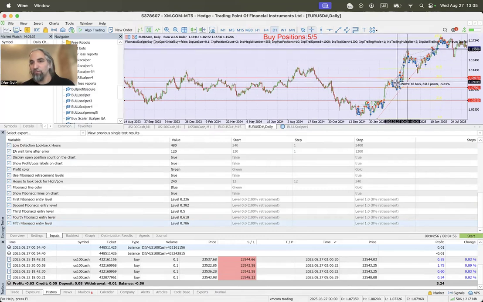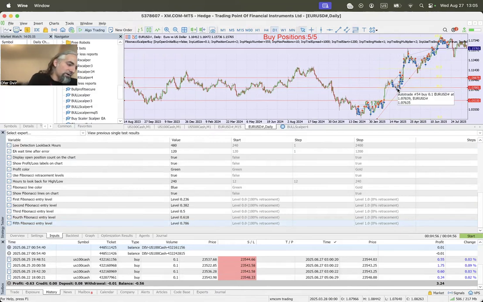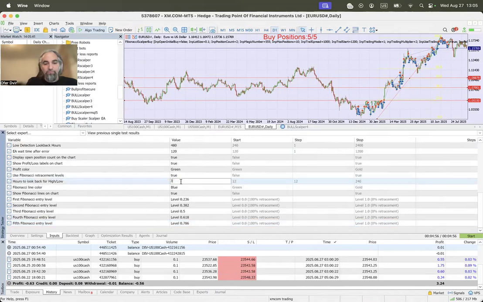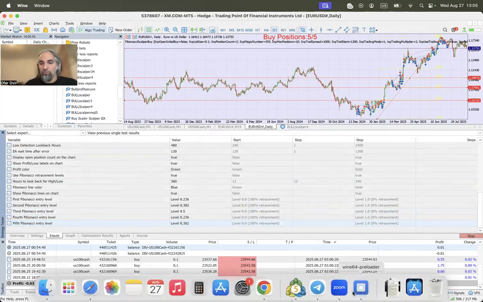For example, this one. So we have 15 bars of 24 hours. It's 360. What we are saying, we're going to use only the lower part. Let's have a look what this is going to do.